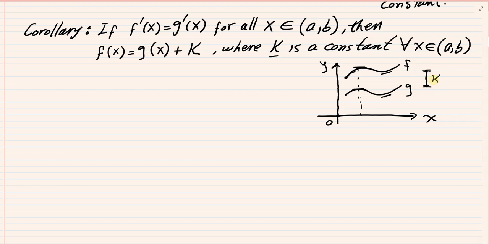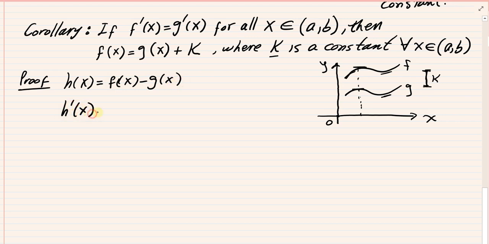So for this one, let's say if we want to prove this, I'm going to call h of x the difference function, f of x minus g of x. Then we'll take the derivative of both sides. We get f prime x minus g prime x.